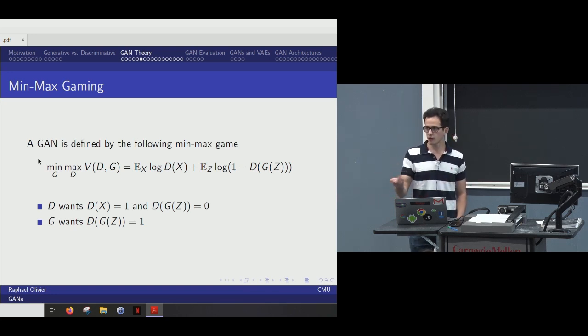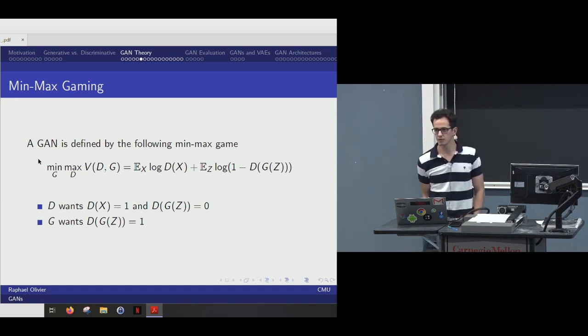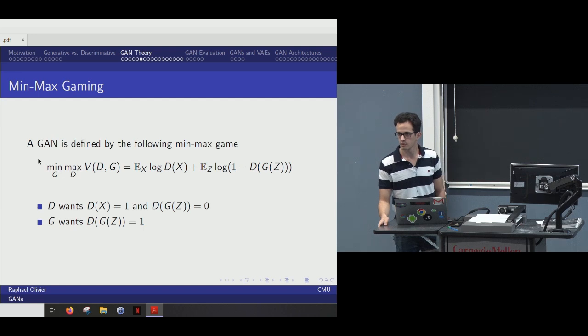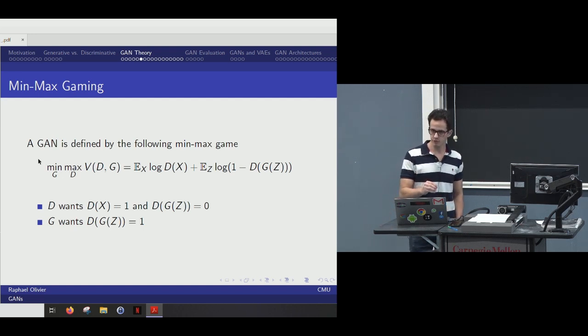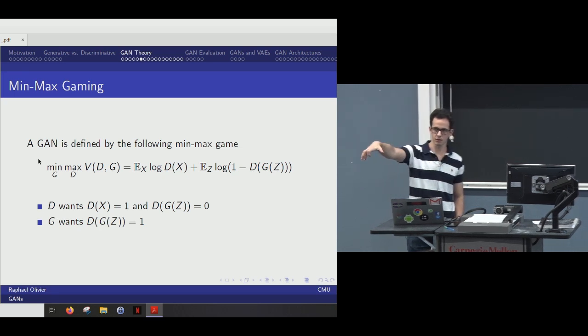That falls into the questions of optimization tricks that we're going to talk about next lecture. So when you train the generator, you fix the weights of the discriminator? Yeah, from the generator's perspective, the discriminator is just a loss function. And from the discriminator's perspective, the generator is just an input.